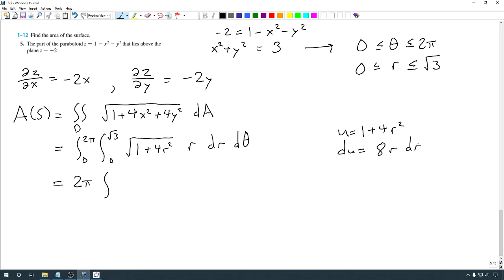We're going to have to divide by 8 though to make this work. This will become the square root of u du. And then what are our new limits? We're going to plug in 0 and square root of 3 into our formula for u. When r equals 0, u equals 1. When r equals square root of 3, then r squared is 3. 4 times 3 is 12, plus 1 is 13.